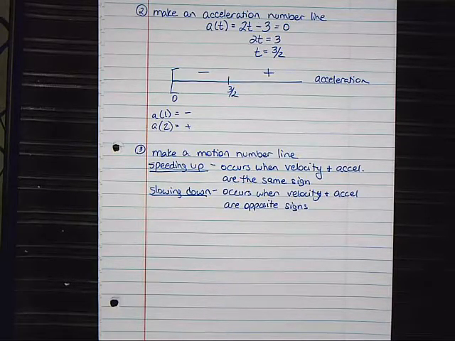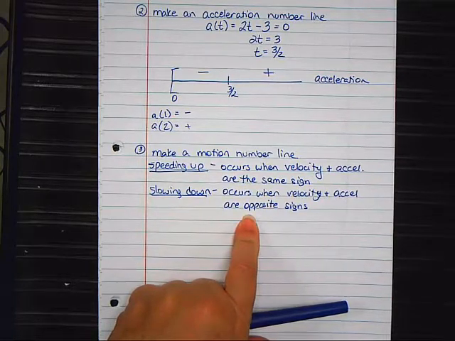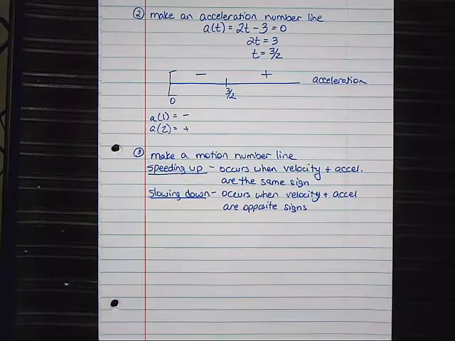If the signs are the same, it's either 2 positives or 2 negatives. When you multiply 2 positives or multiply 2 negatives, what do you get? A positive, speeding up. That's plus. When the signs are opposite, that's a positive and a negative. When you multiply those two, what do you always get? Negative. That's like slowing down. So look at the signs. If they're the same, think of it as positive, that means they're speeding up. If they're negative, it's slowing down.